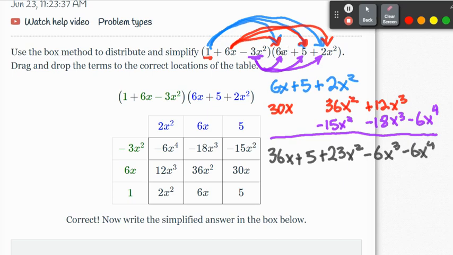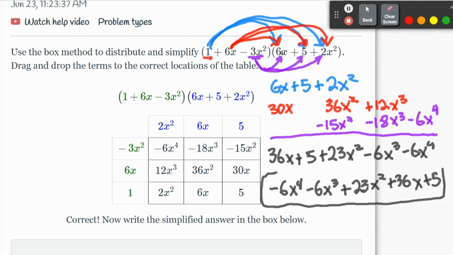And just putting that in the correct order, negative 6x to the 4th minus 6x to the third plus 23x squared plus 36x plus 5 would be the result of multiplication.